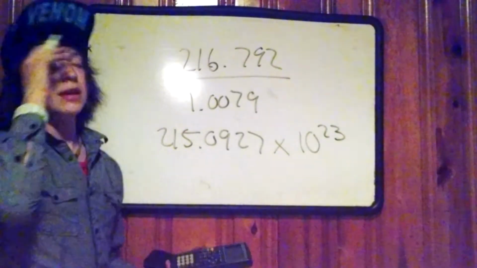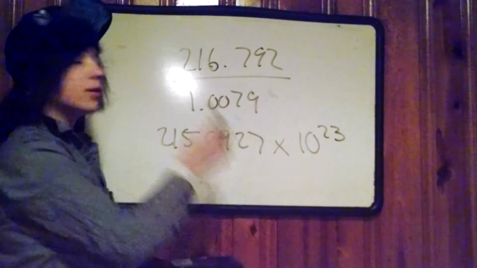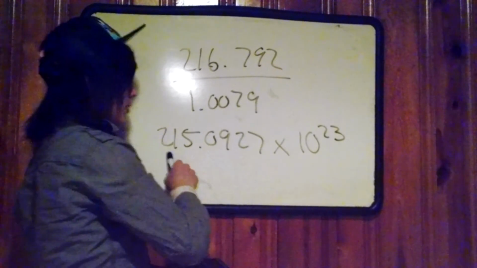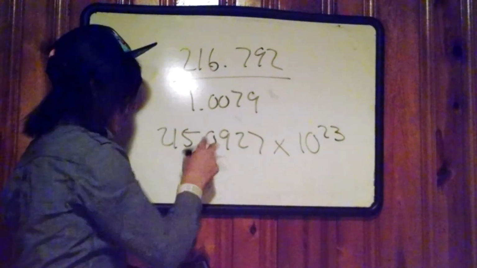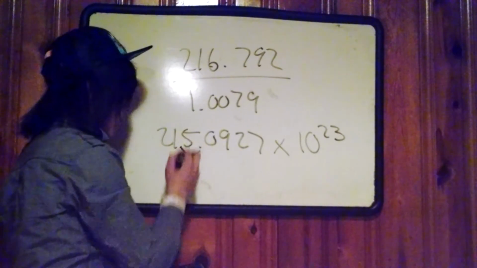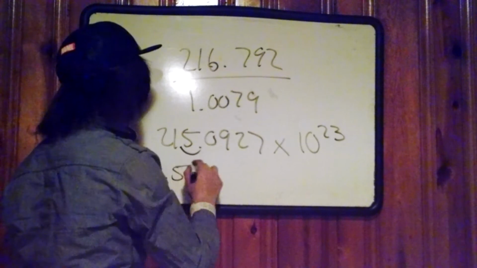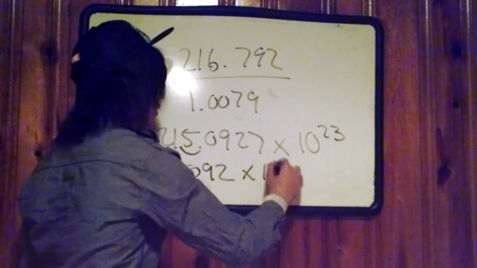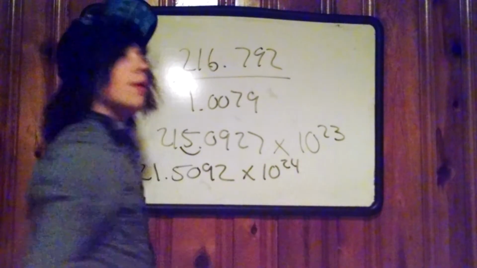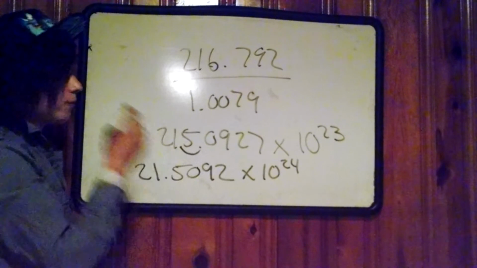This is what I mean by saving it for later. Instead of multiplying it by 10 to the 23rd power in the first place, leave it at the end so that you can multiply this number by it to move the decimal up further, which makes it 21.5092 times 10 to the 24th power, making it in scientific notation and keeping significant figures.